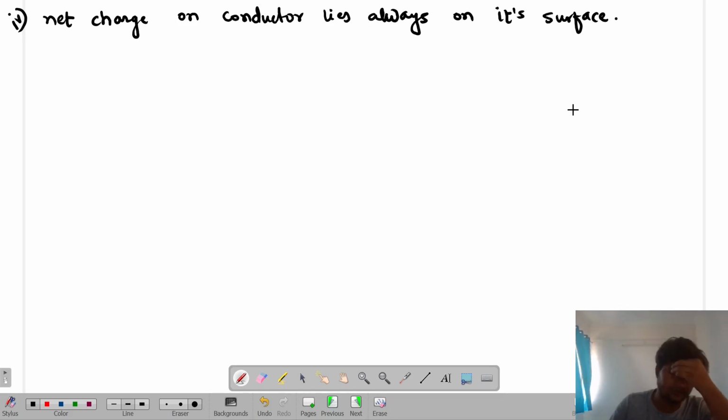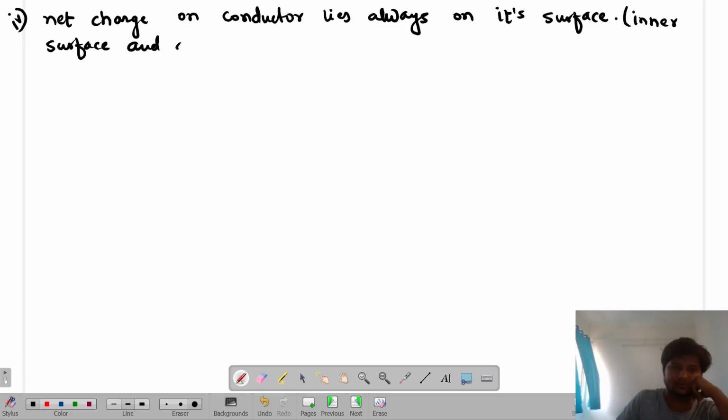Where is my net charge of the conductor present? Always on its surface. Now the question arises that there are two kinds of surfaces, isn't it? So it will definitely be present on the inner surface also and the outer surface also. Is that clear?